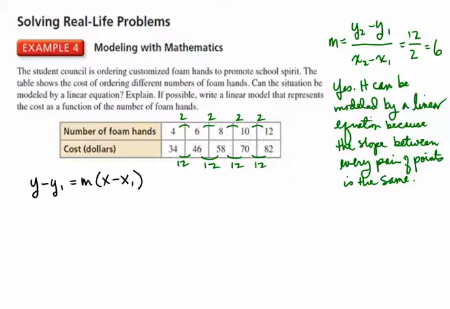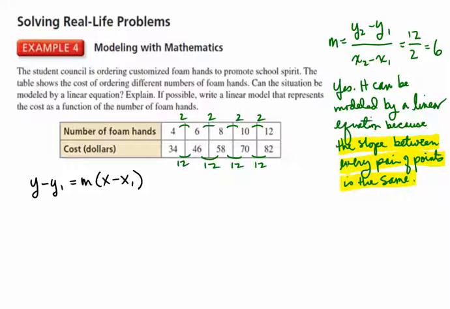So that can be boiled down to just saying that the slope between every pair of points is the same. So that's how we know that we are working with data that can be modeled by a linear equation, because the slope between every pair of points is the same.